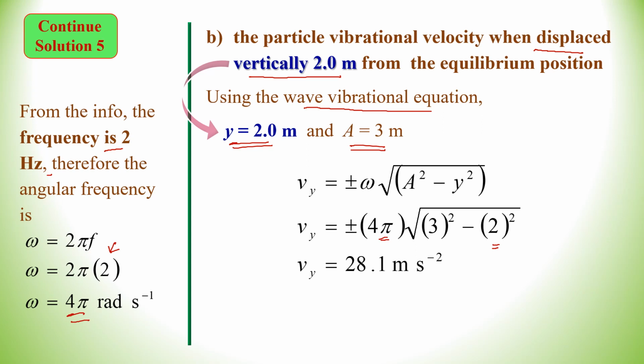Then compute your answer. We get Vy equals 28.1 meter per second. There is a typo here, and the unit should be meter per second. Meter per second squared refers to acceleration. For velocity, it is meter per second.